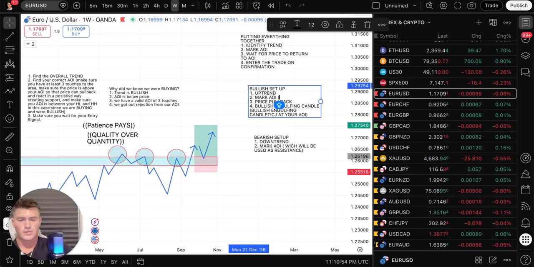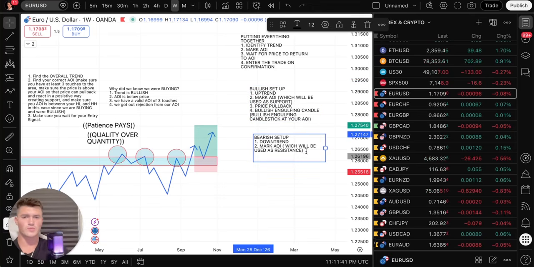So mark areas of interest when you are in a bullish setup, which will be used as support. Okay, mark areas of interest which will be used as resistance. And then three, wait for price to pull back into area of interest zone, or area of interest, same thing.